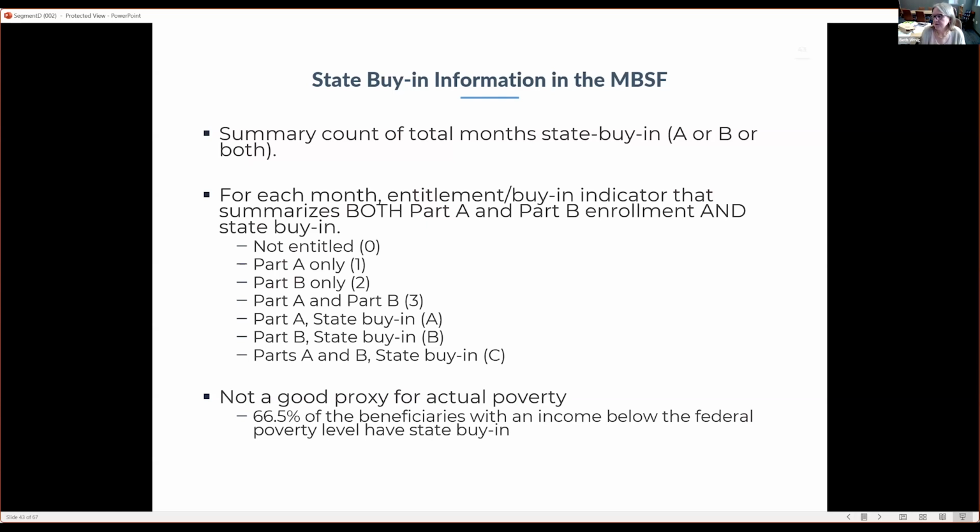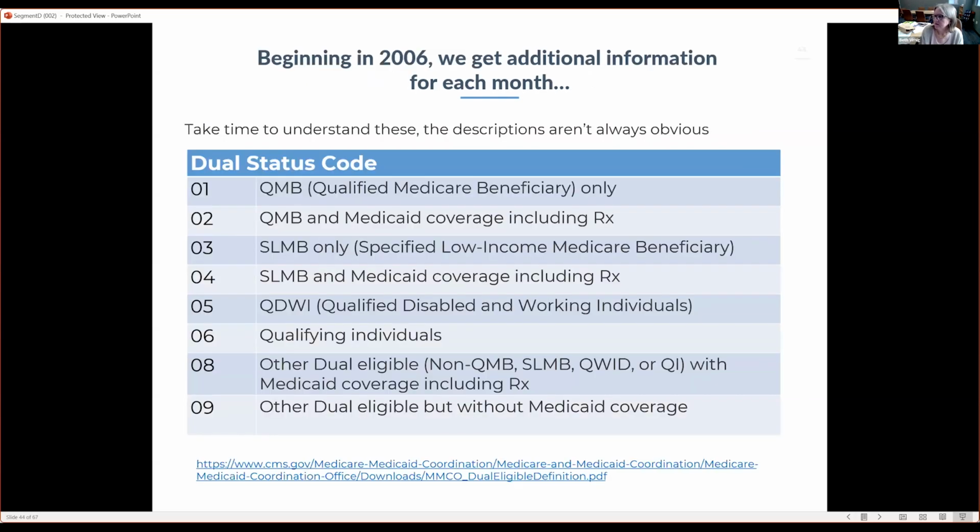So this is the piece to understand and to make sure, again, that you're clear on what the inference is and is not. Beginning in 2006, you can actually figure out different codes. There's QMB, QMB plus Medicaid, SLMB, and these are all various descriptions that aren't obvious. And I've got to admit, I sort of skim over this because a lot of the descriptions of what it includes aren't clear to me and aren't always obvious.